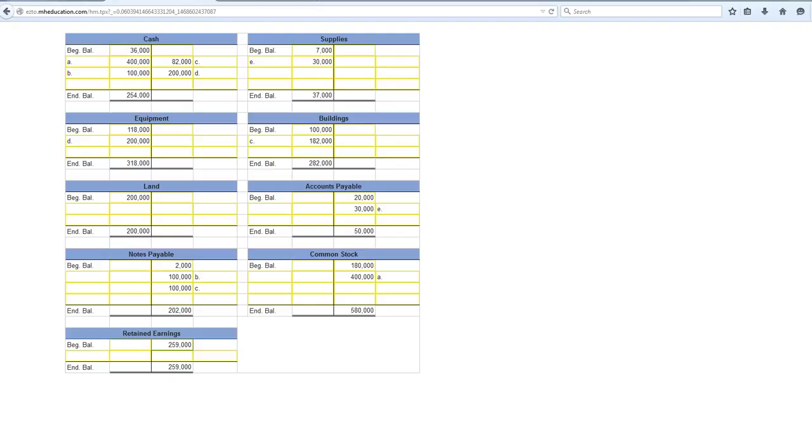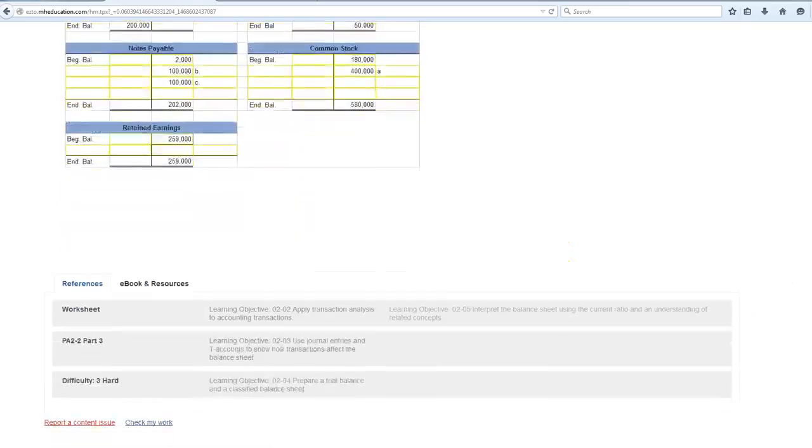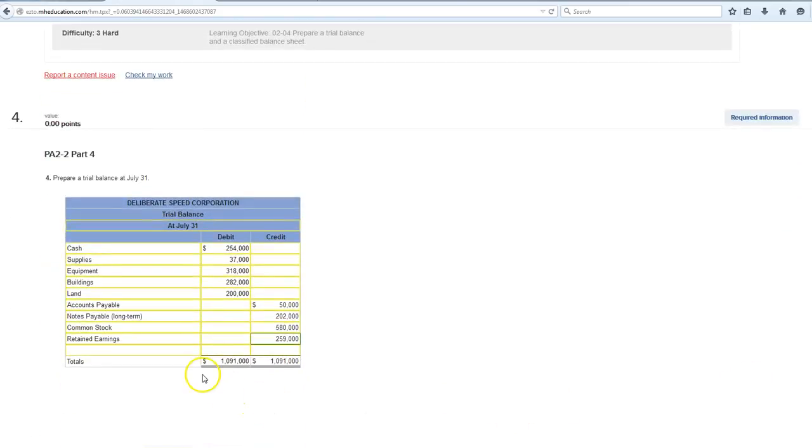Or a slide would mean that you moved your decimal point over to the right or left. So for example, this credit to notes payable, perhaps you posted that correctly as $100,000, but perhaps the debit portion to cash you might have only posted for $10,000 or $1 million. That's called a slide, where you move the decimal point over. When you do that, the difference between the two columns is evenly divisible by 9. Then you know you've got a transposition or a slide.